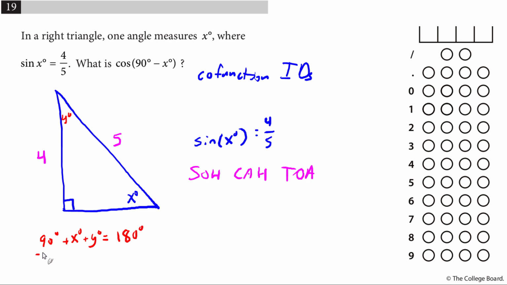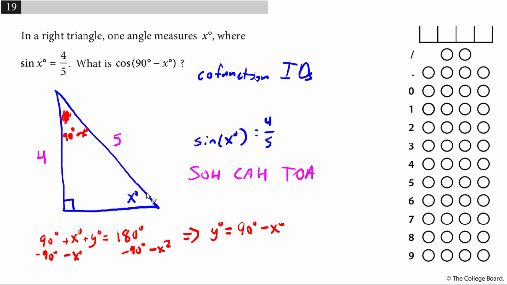And if I were to subtract the 90 degrees and subtract the x degrees from both sides, then this angle right here will be 90 degrees minus x degrees. So this right here is just 90 degrees minus x degrees.